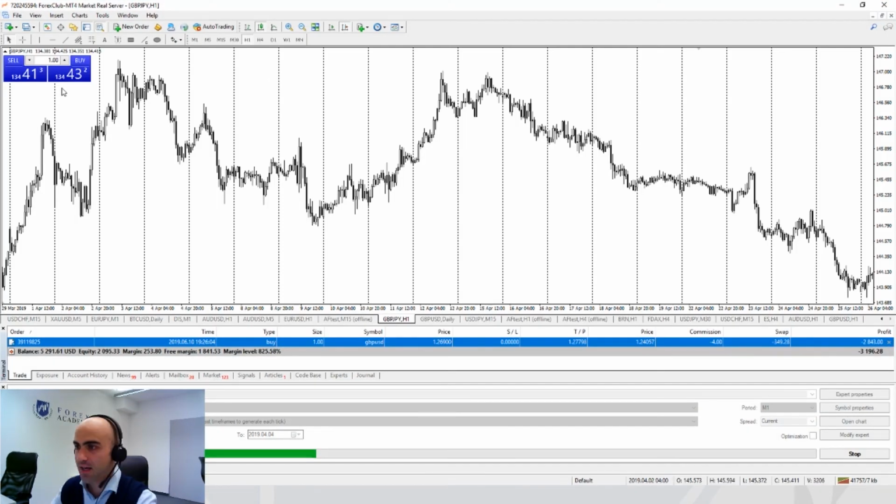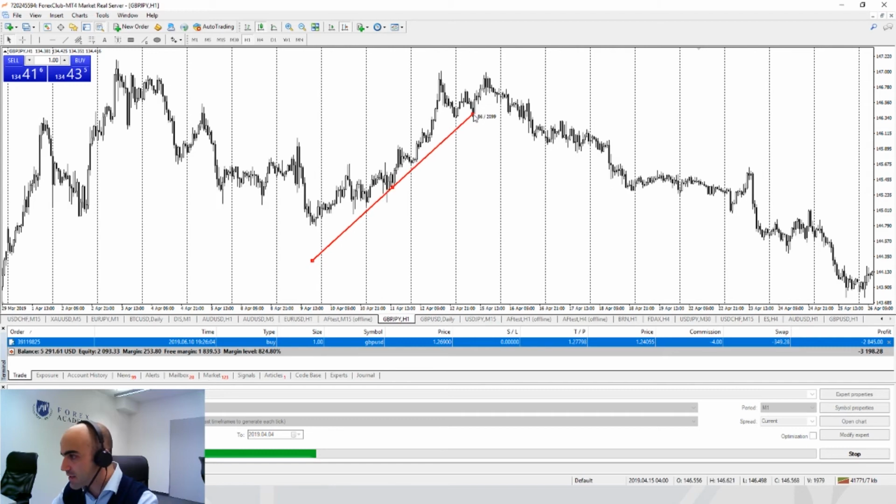In here as well, Great British Pound, Japanese yen, and I can show you on a 1 hour time frame that this is a great upward trend. Let me place this trend line in a nicer way over here, and you can see that the trend can be spotted over here, and this is the U that we are looking for, the cup.